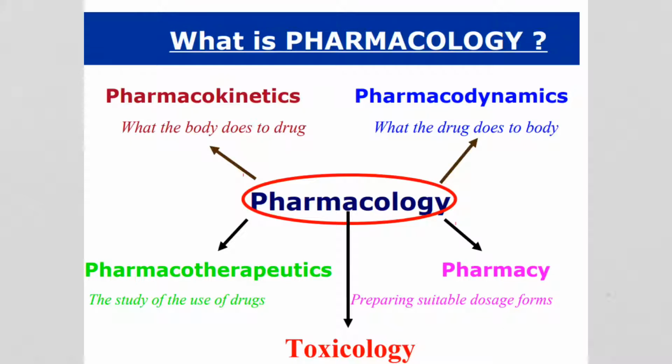This slide begins to unpack a little bit some of this difficult terminology. So if we start at the bottom right-hand corner, pharmacy and pharmacists prepare the suitable dosage from prescriptions and issue medicines for patients and patient care.